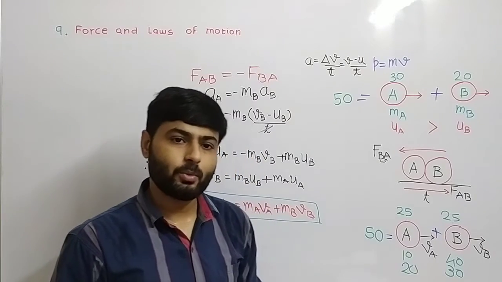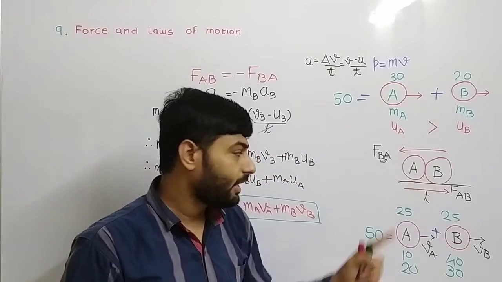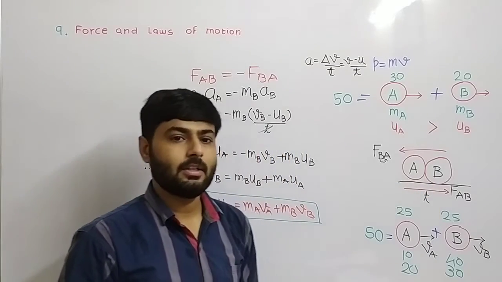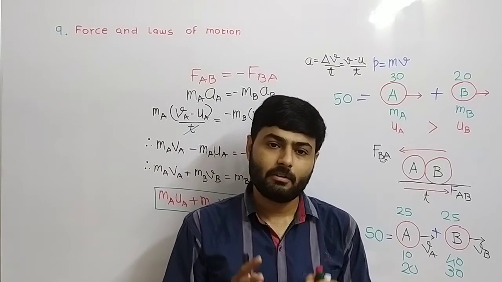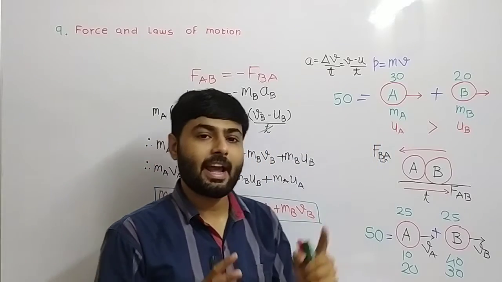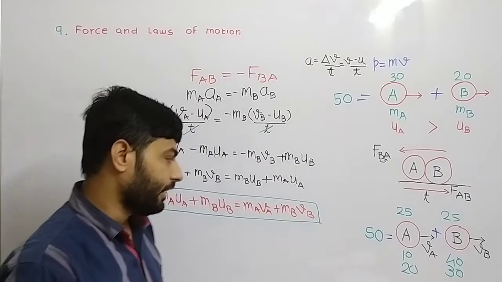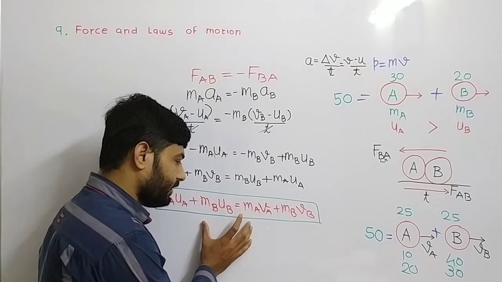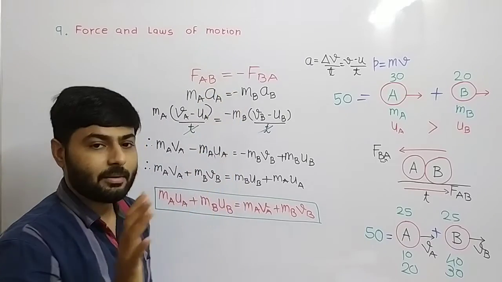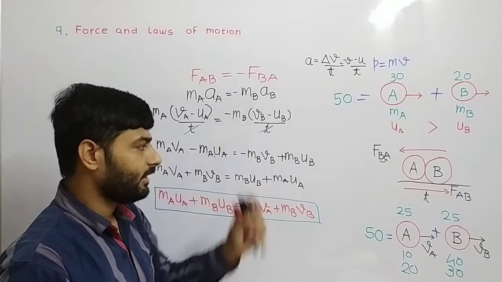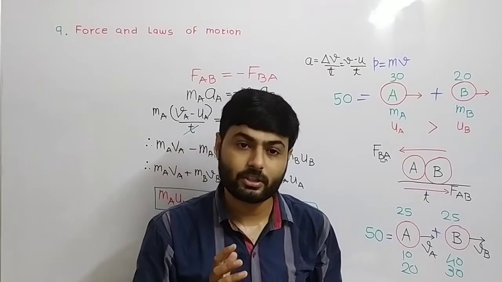In real life situations, we have other forces like friction on these two balls, but for derivation and understanding purposes, we consider this collision as an ideal collision. So I hope now you understood how this derivation came from second law and momentum combined, and what the basic concept of conservation of momentum is.